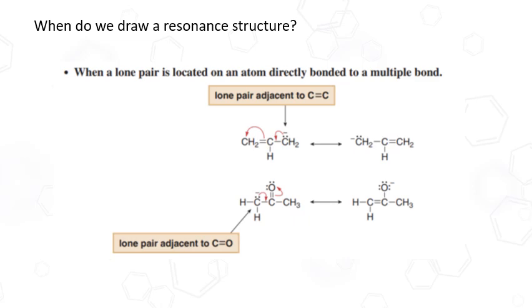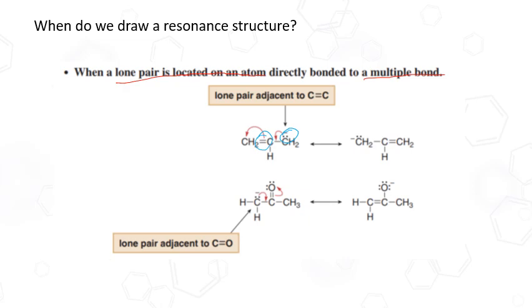So the first one is when a lone pair is located on an atom directly bonded to multiple bonds. So what does that look like? You have this carbon with a lone pair that is next to a multiple bond, a carbon with a lone pair bonded to a carbon that has a multiple bond.